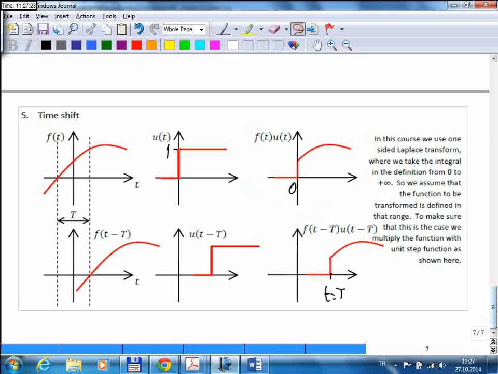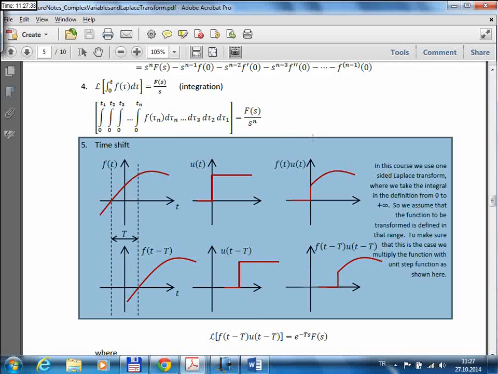Now let's see what the Laplace transform of this shifted function is in terms of the Laplace transform of the original function.